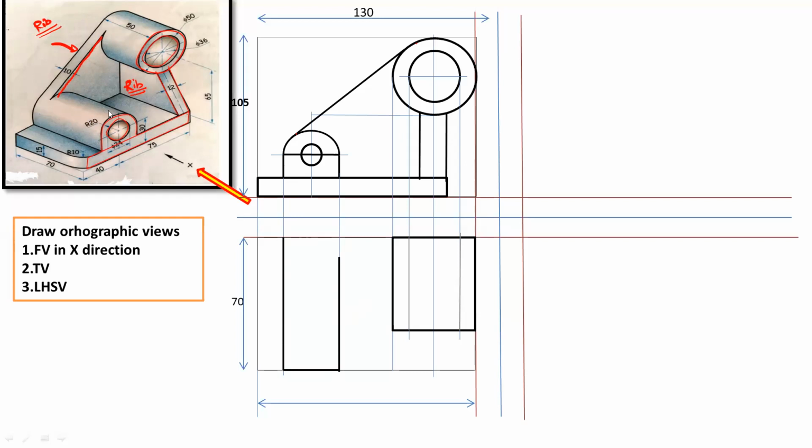This line is for the second edge of the rectangle. This edge will extend up to this rib, and then we have to draw this horizontal line. This line is the top view for this rib. Do not extend this line up to this edge, because this line is tangent to this circle.